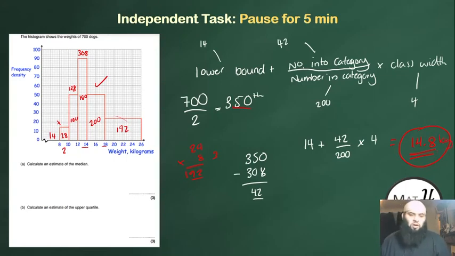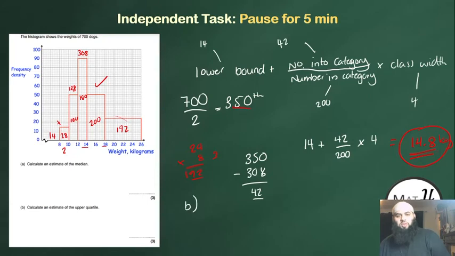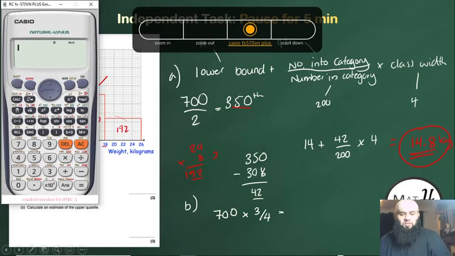Now the upper quartile, find the estimate for the upper quartile. We need to do the same thing, but instead of dividing by 2, we need to do the following. Question B is slightly different. This was A and this was B. What we need to do is 700 times 3/4, because 3/4 is the upper quartile.